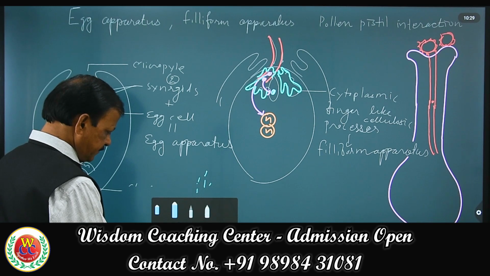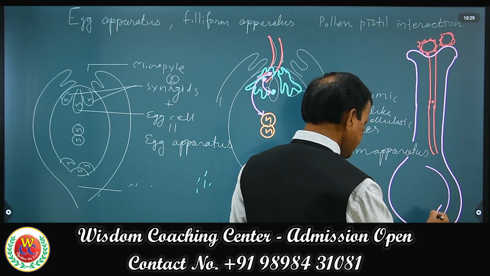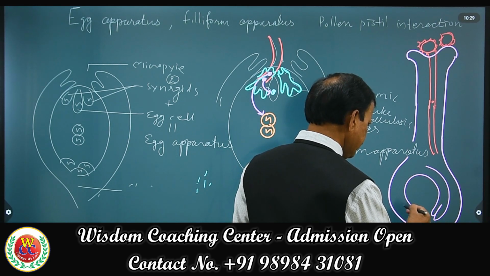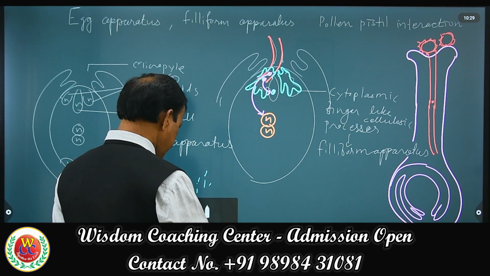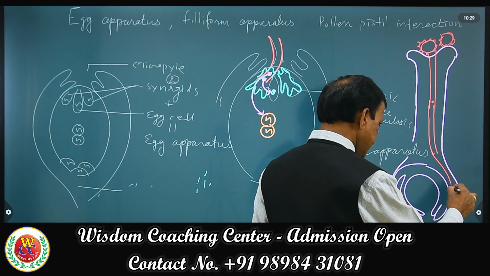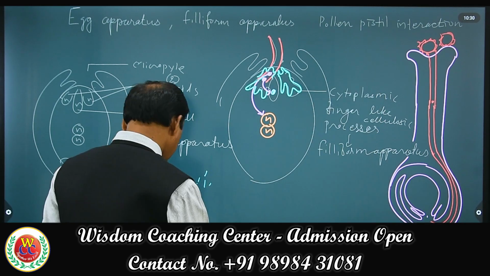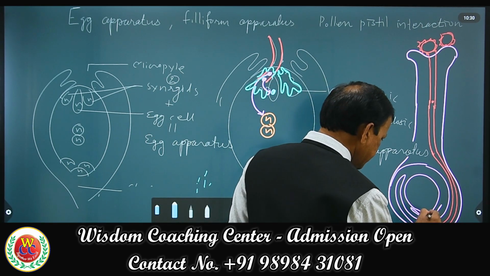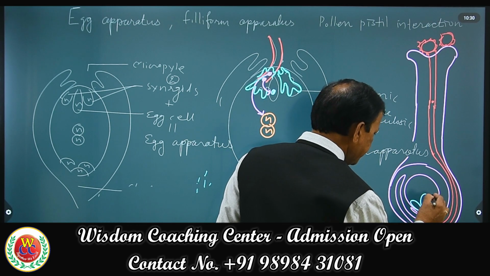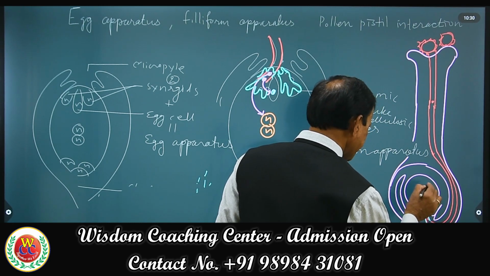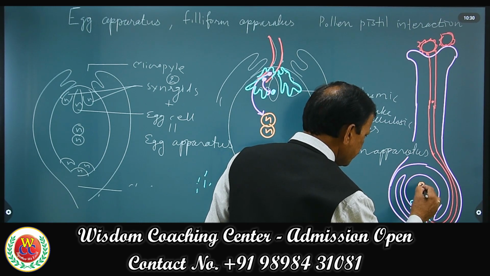To understand, here is an anatropous ovule, as usual shown in the book. A pollen tube passes through the style and reaches the micropylar end, where the two male nuclei are released along with the vegetative nucleus. One male nucleus fuses with the egg cell, another with the polar nuclei. Here these are the two polar nuclei.